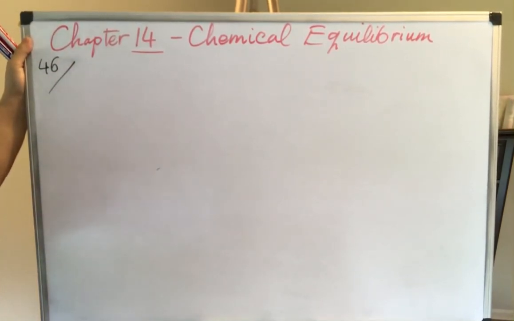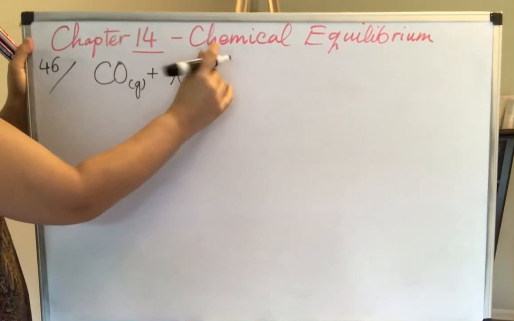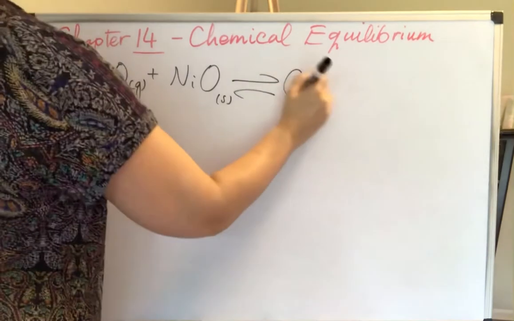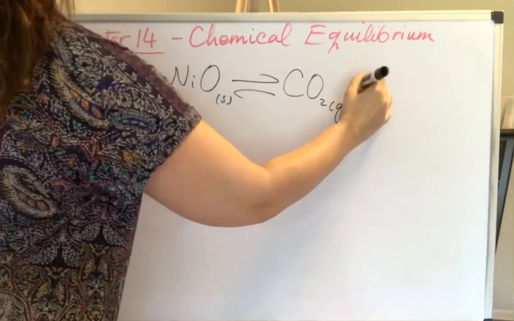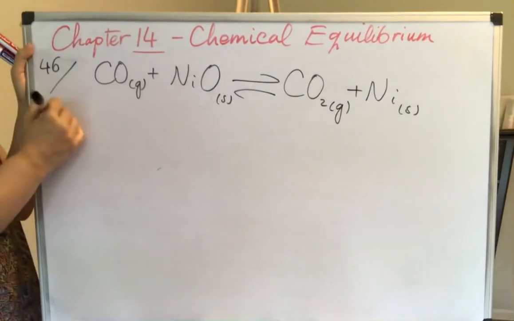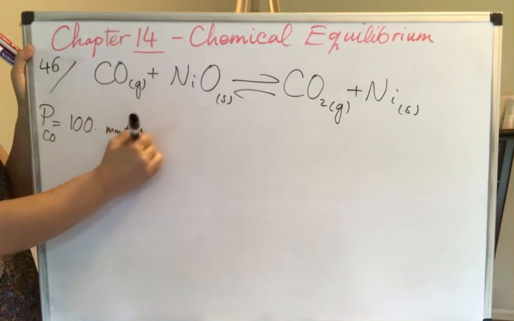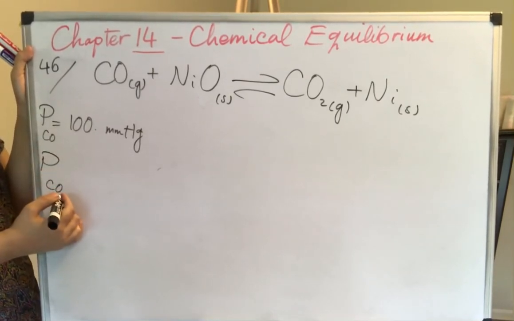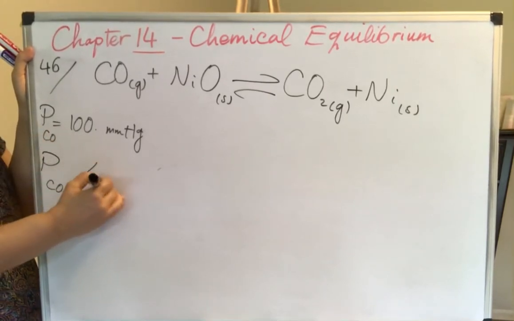Nickel oxide can be reduced to carbon dioxide if the partial pressure of carbon monoxide is 100 millimeters of mercury and the total pressure of carbon monoxide and carbon dioxide does not exceed 1 atmosphere.